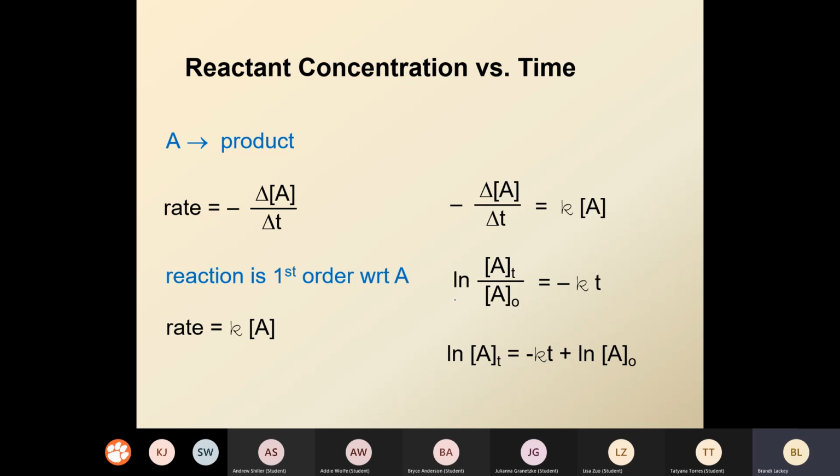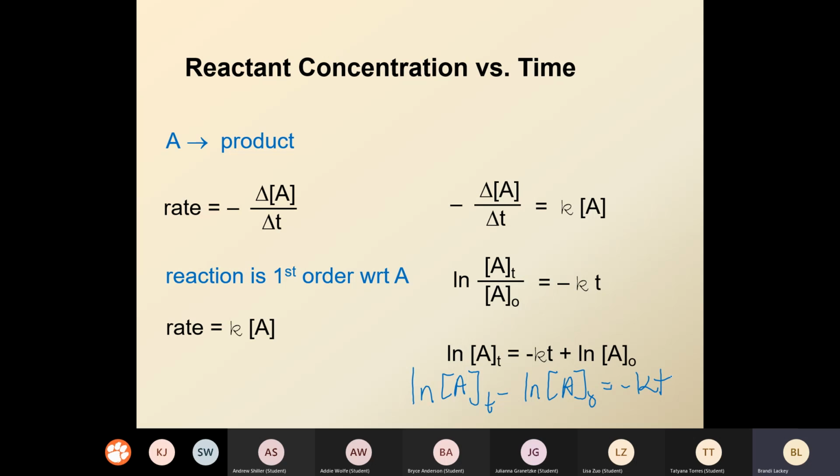So either way that you use it, it's going to be the exact same thing. But on your reference sheet, like I said, it has it written that way, so that's what's written on your reference sheet.